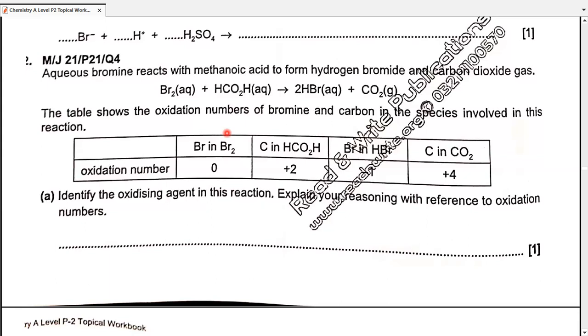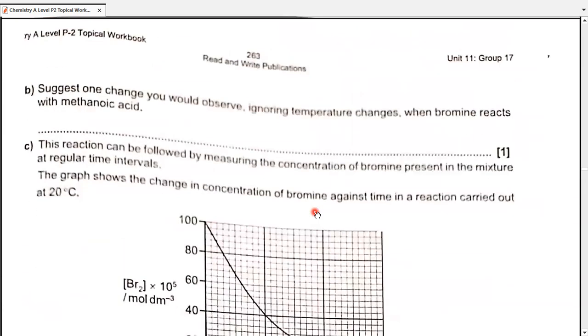Perfect answer. Even if you only answer with respect to bromine, that bromine is the oxidizing agent and changes from 0 to -1, that is good enough, because of course the oxidizing agent is the one that itself gets reduced, as you said earlier. Okay? Moving on.